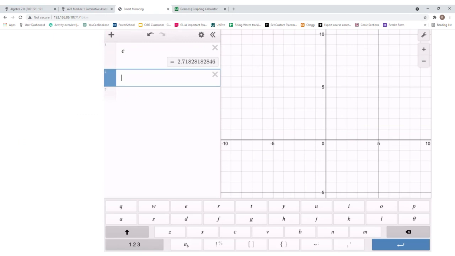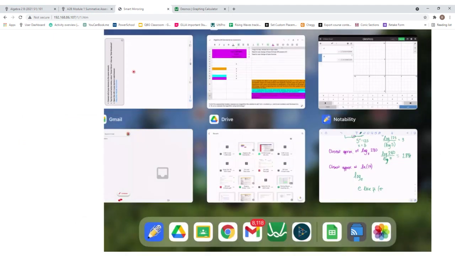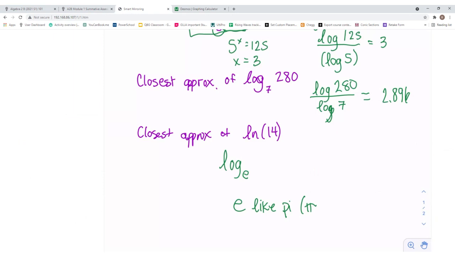And pi, if you ever needed to type it, you type pi and it goes in there. So it's its own special number. I wish I had a better explanation of what e was, but it's really cool. It describes a lot of patterns in nature. And I will maybe put another video in somewhere. But e is its own base. So when we're saying the natural log, because it happens in nature, it's saying log base e.